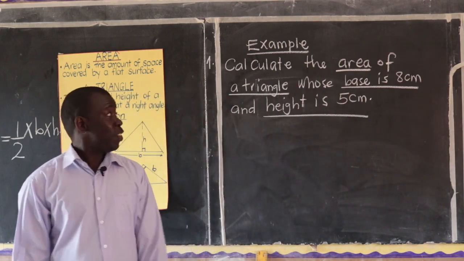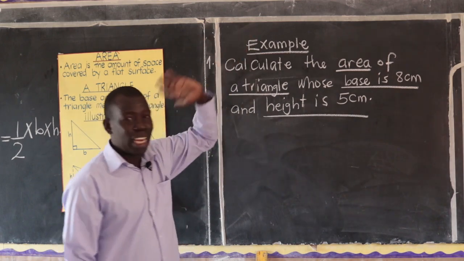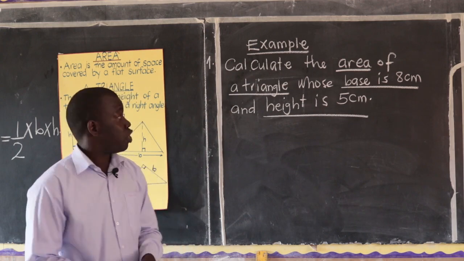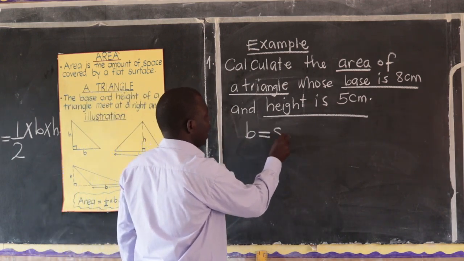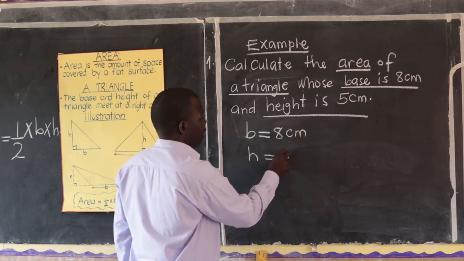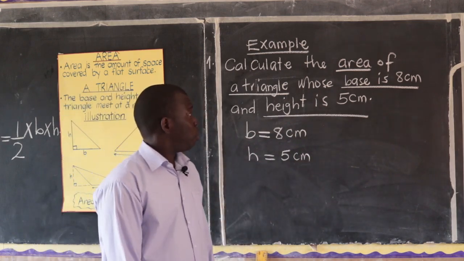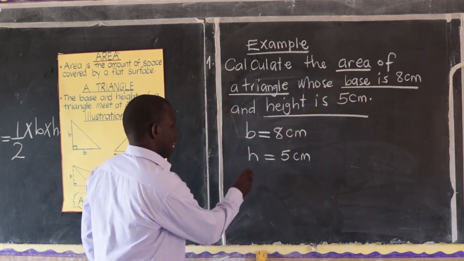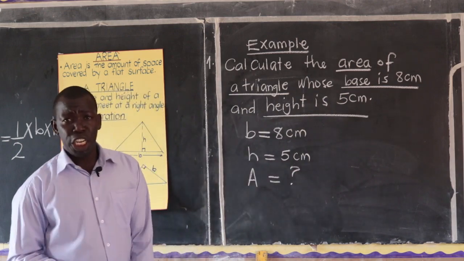That is what you are supposed to do in every question that has words like that. Now, after you have done that, summarize your question and say the base is 8 centimeters, height is 5 centimeters. What does the question want you to do? To calculate the area. So the area is the one which is needed.